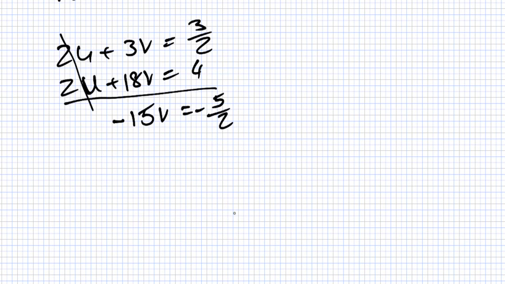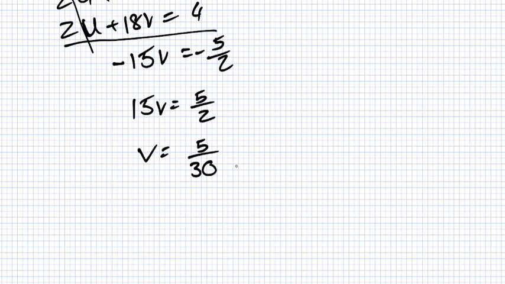The minuses cancel, so I get 15v equals 5 over 2. I can divide by 15, so 5 over 2 times 15, which is 30, and cancel above and below by 5, so that's 1 over 6.